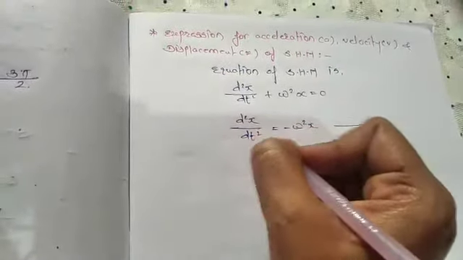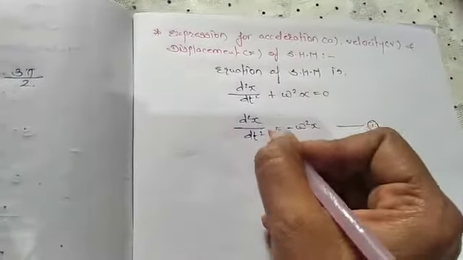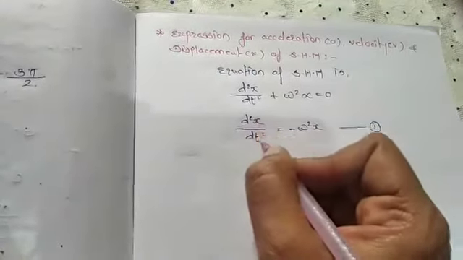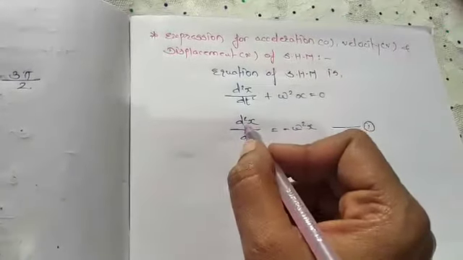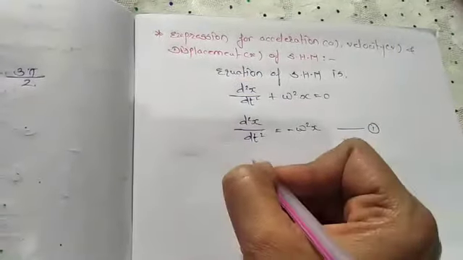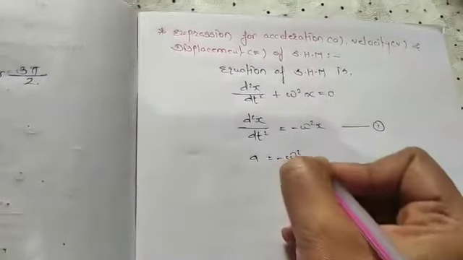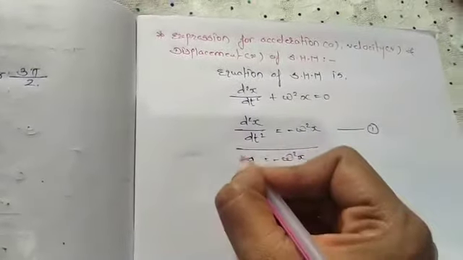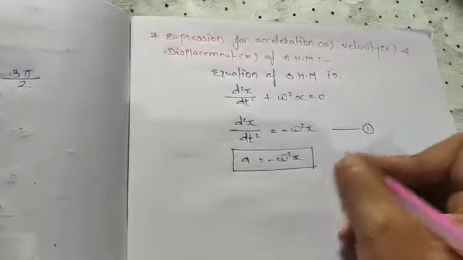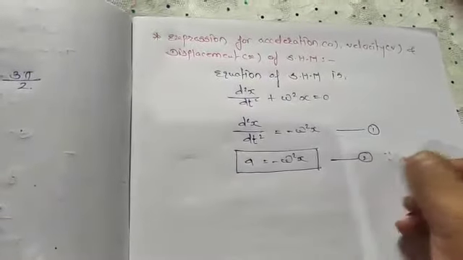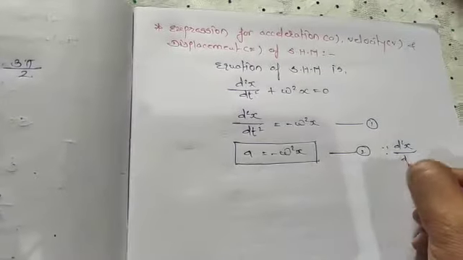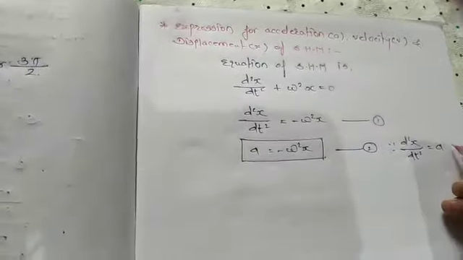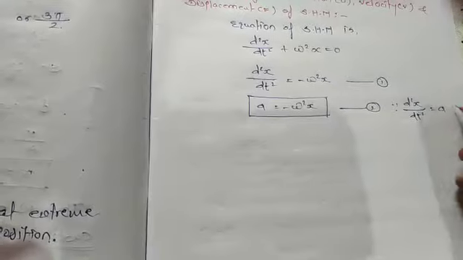This d square x upon dt square, we can write as the acceleration, as dx by dt is the velocity and d square x by dt square is the acceleration. So we can write it as a is equal to minus of omega square x. This is nothing but the acceleration, so this is equation number 2.